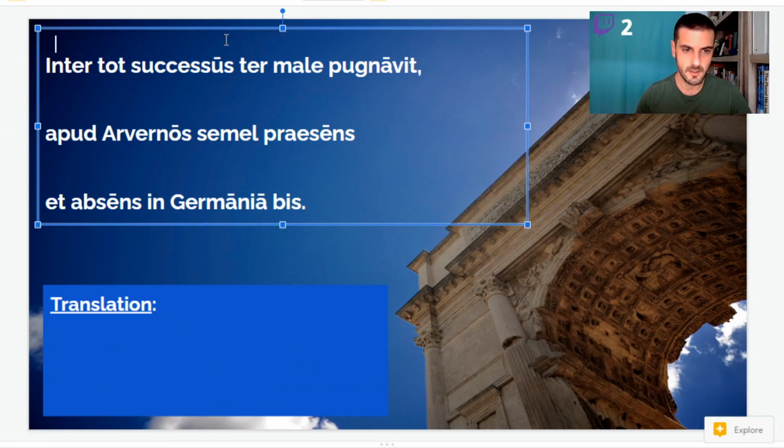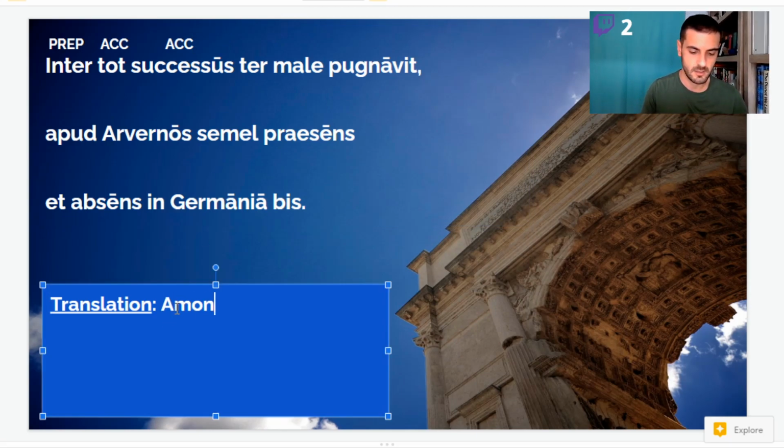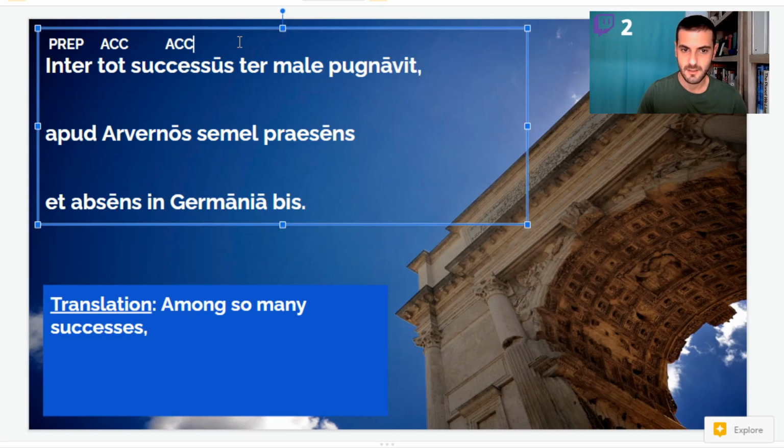I love this part. Inter tot successus. So that's the noun success. So inter tot successus. Among so many successes, ter, which is 3 times, male pugnavit.